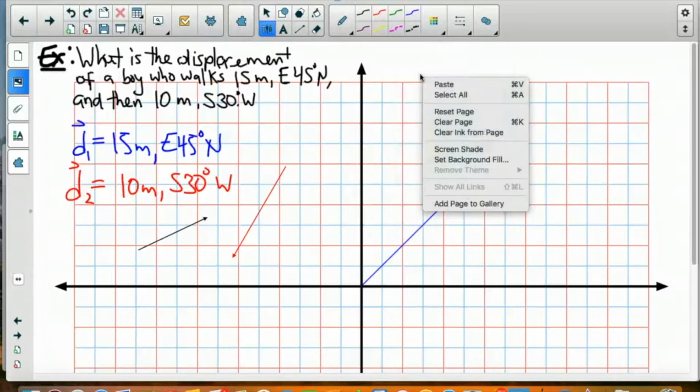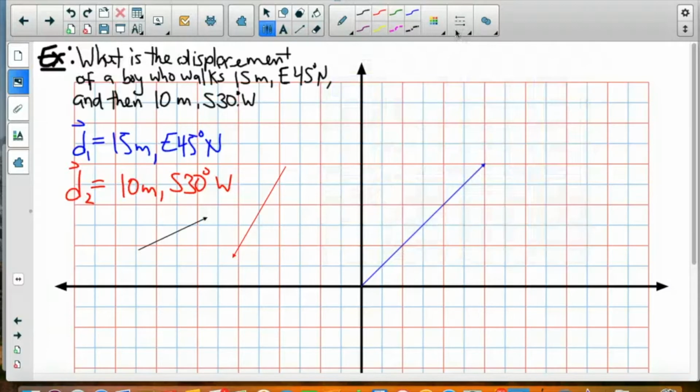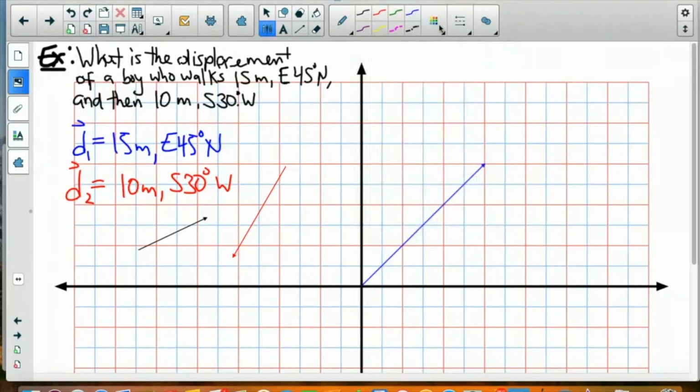We need to find what the x and the y components of it are. So this is my D1 vector. And we'll say this angle here is theta, which we know is 45 degrees.